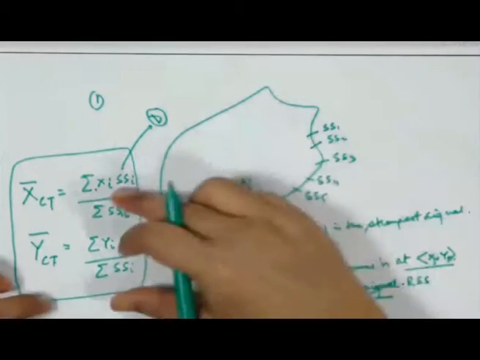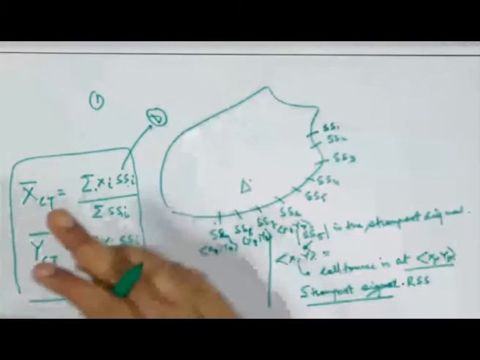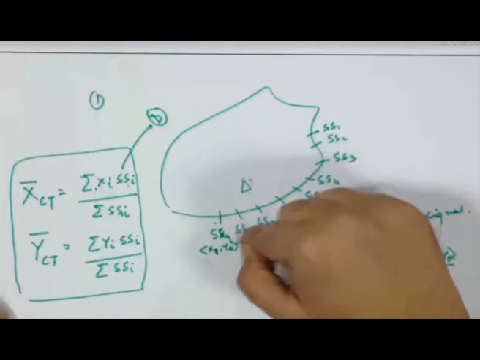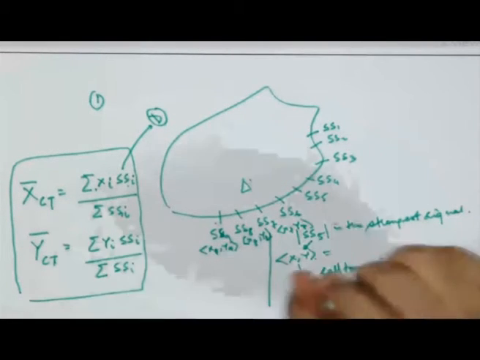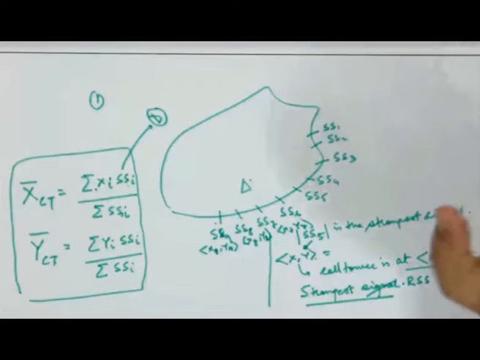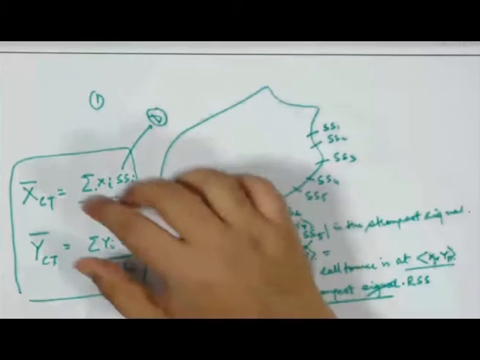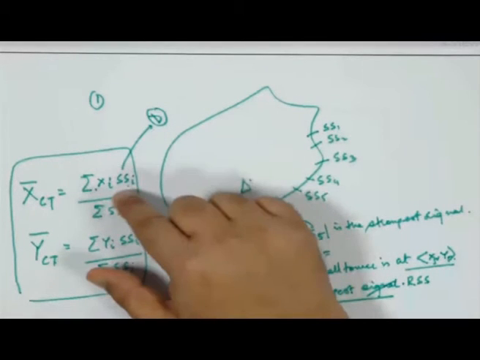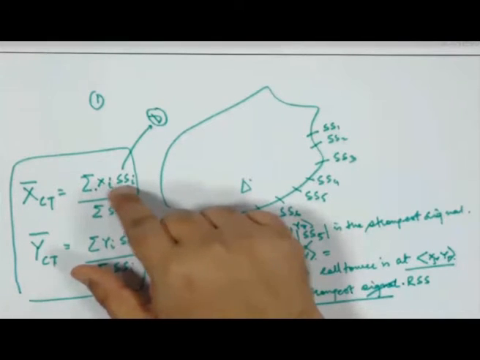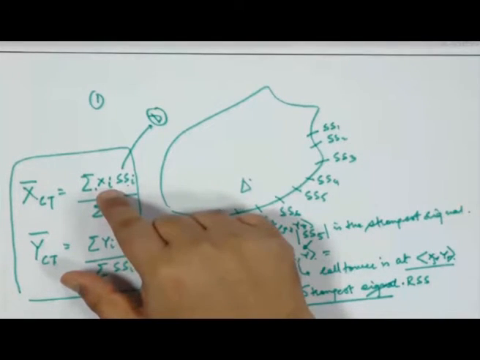So if you have a stronger signal, that means the cell tower is close to your position, so that position should get more weight.